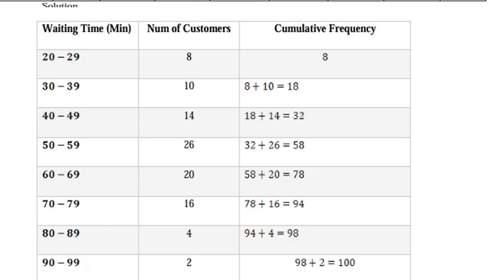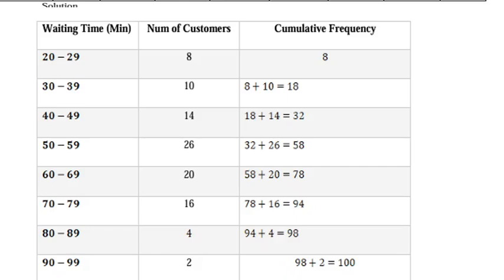The first cumulative frequency is 8. The second one will be the cumulative frequency of class 20 to 29 plus the frequency of class 30 to 39. That will be 8 plus 10, which gives us 18.